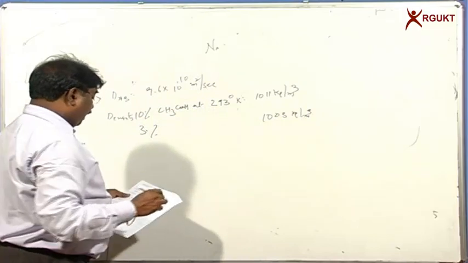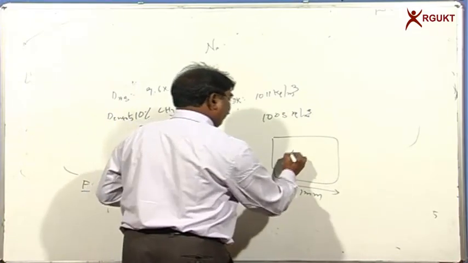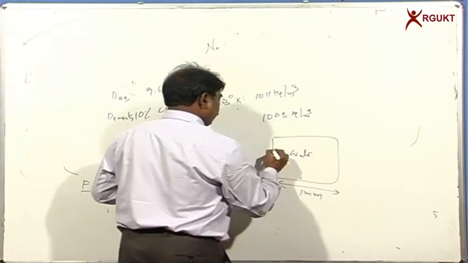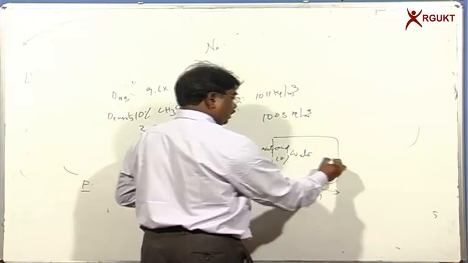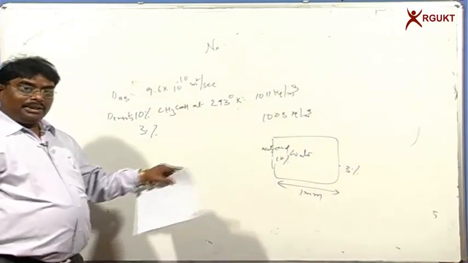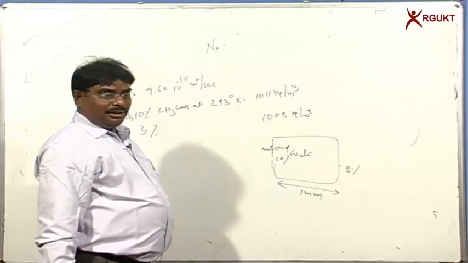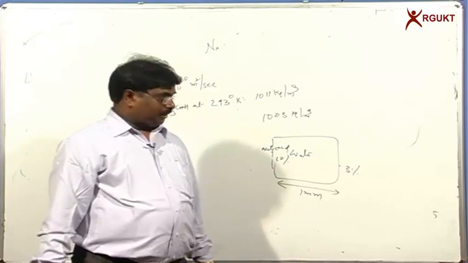So here we have a 1 mm film, and here we have water and acetic acid. On one side we have a 10% concentration, on the other side we have a 3% concentration, where water is not diffusing, and the acetic acid is diffusing from the higher concentration of 10% to the lower concentration of 3%.